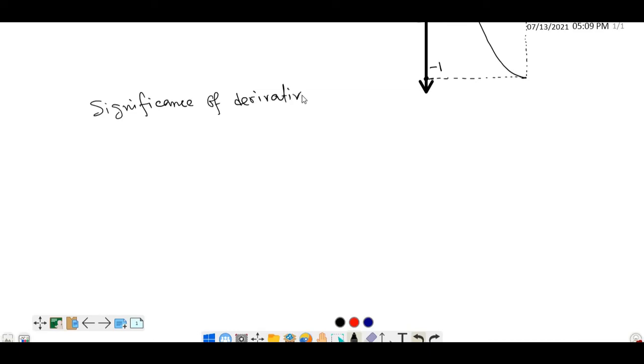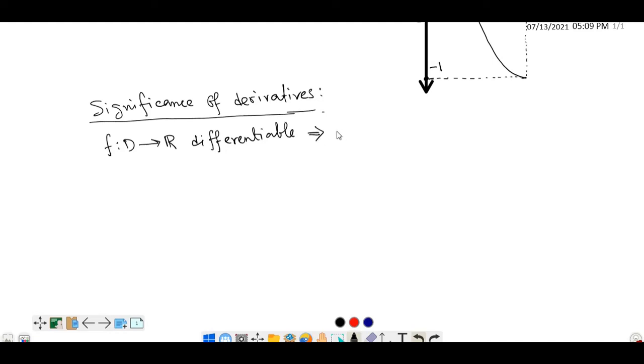We have already done in class 11 that when you say a function f from D to R is differentiable, that means you can draw tangents to the curve y equal to f of x.